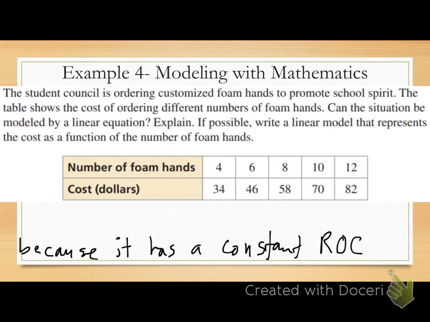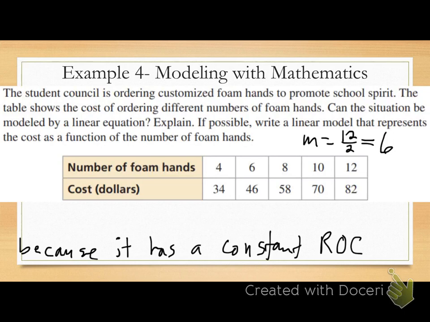I've technically already found it. What is my slope? 2 over 12. Not 2 over 12. Remember, it's my change in my y value over my change in my x value. So 12 over 2. 6.